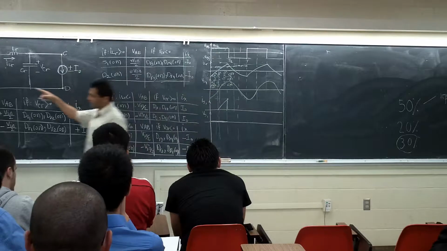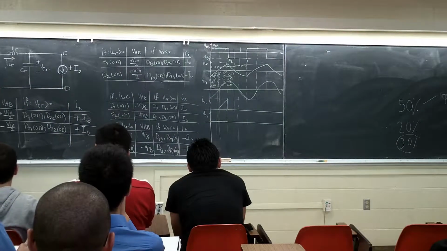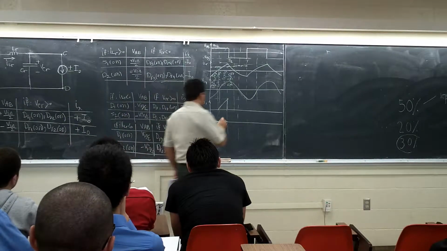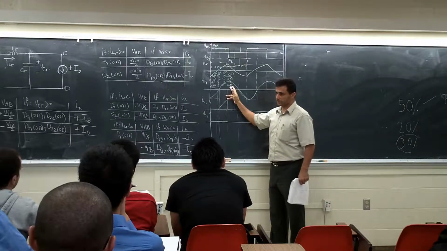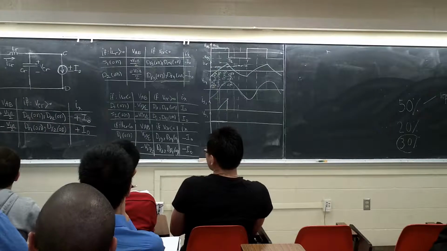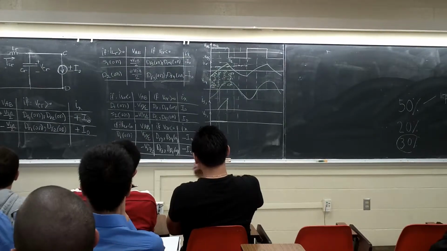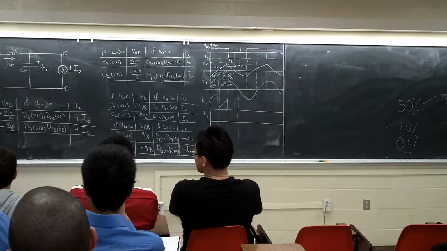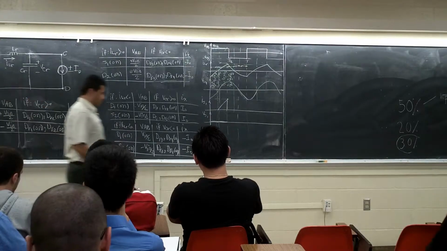If D1 is on, how much is the voltage here? 0, right? But after this point, who is on? D2. D2 is on. If this one is on, this one is short, right? So how much is the voltage here? One side connected here, one side is a V in, right? It's going to be V in.